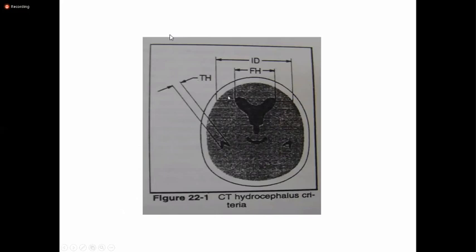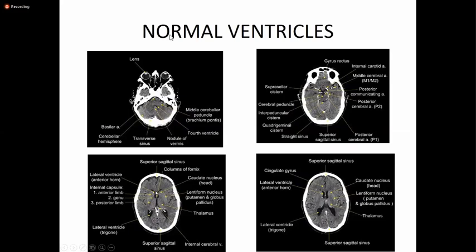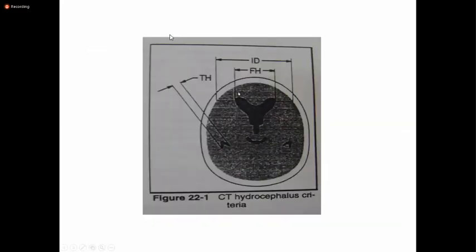This is similar to what I told you, the Mickey Mouse appearance. Normally the ventricles are like this, very small. And if it appears like this, like Mickey Mouse appearance, you will label it as hydrocephalus.